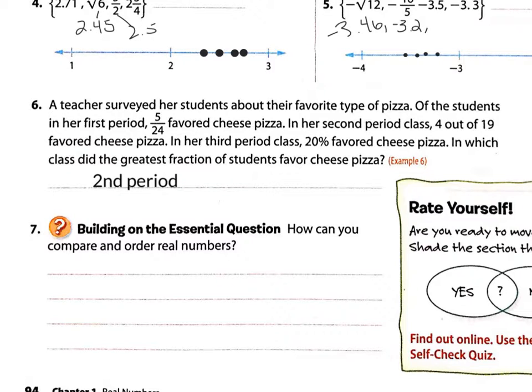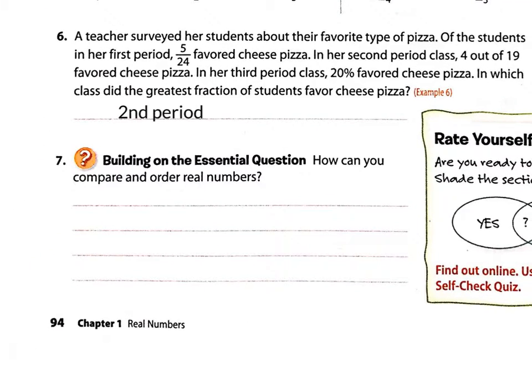Second period. So how can you compare and order real numbers? How did we do that today? Using the calculator. And what did we do with the calculator? We did the square root. We solved it and we put it into what?